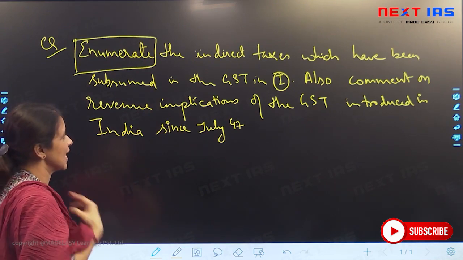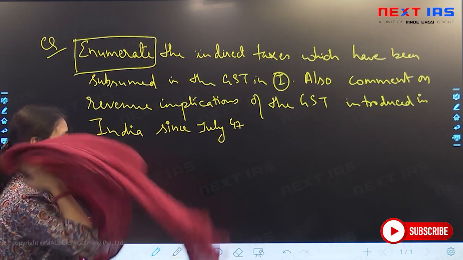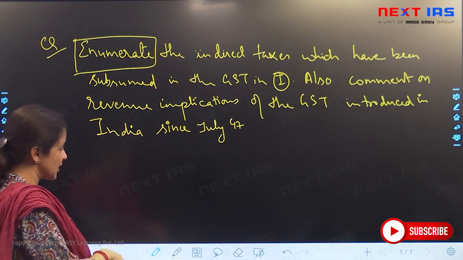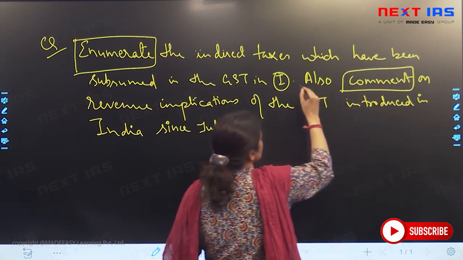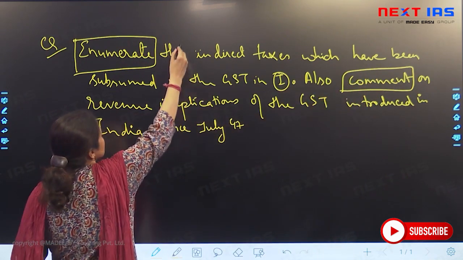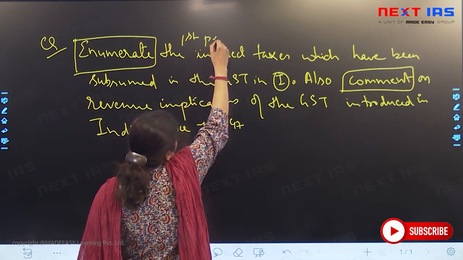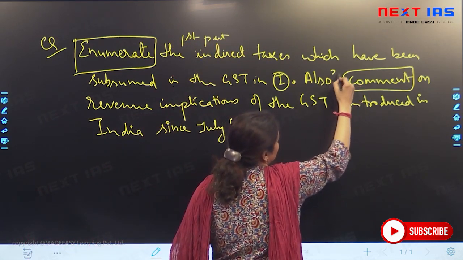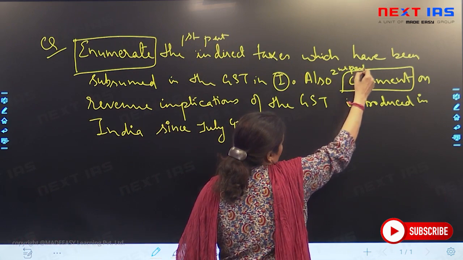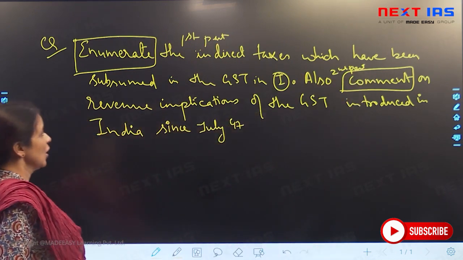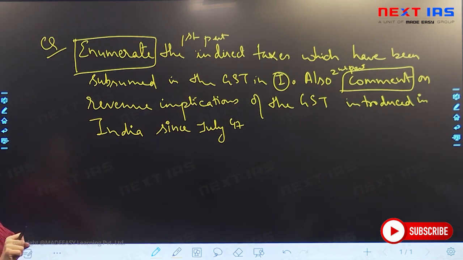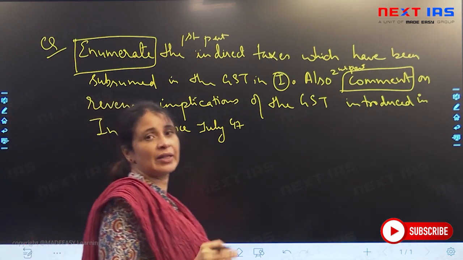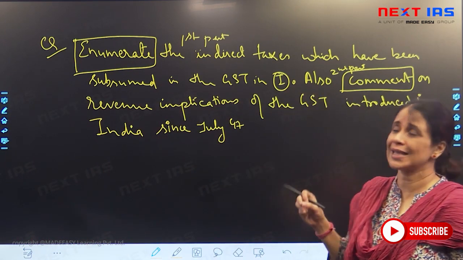Now, here we have enumerate. Comment we have already discussed, what to do in comment, but why I have written both the questions, there is a reason behind it. Also comment. See, this question has two parts. One is this first part of the question, and from here you have the second part of the question. Sometimes what happens is we write one part very nicely, another part we just somehow finish. See, whenever there is a chronology given, there are questions where you have 2-3 sub questions.